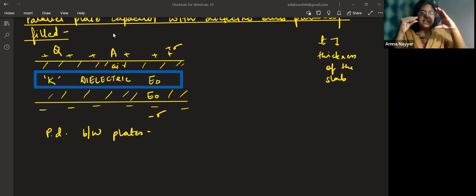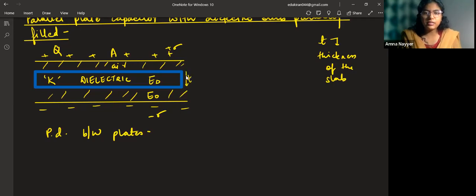Suppose the dielectric slab only partially fits in like this, so air is also present and the dielectric slab is also present. Now what will happen? We break this into two parts. T is the thickness of the dielectric slab, and D is as usual the separation between the plates.